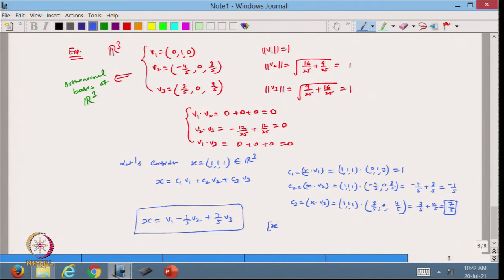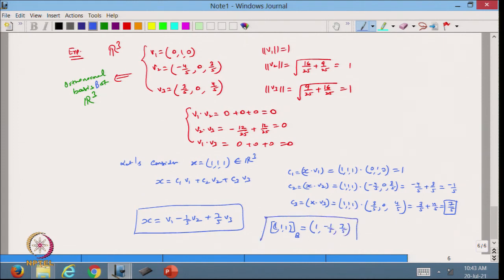So, from here the coordinate of vector (1, 1, 1) with respect to this orthonormal basis, which I call B, is just (1, -1/5, 7/5).